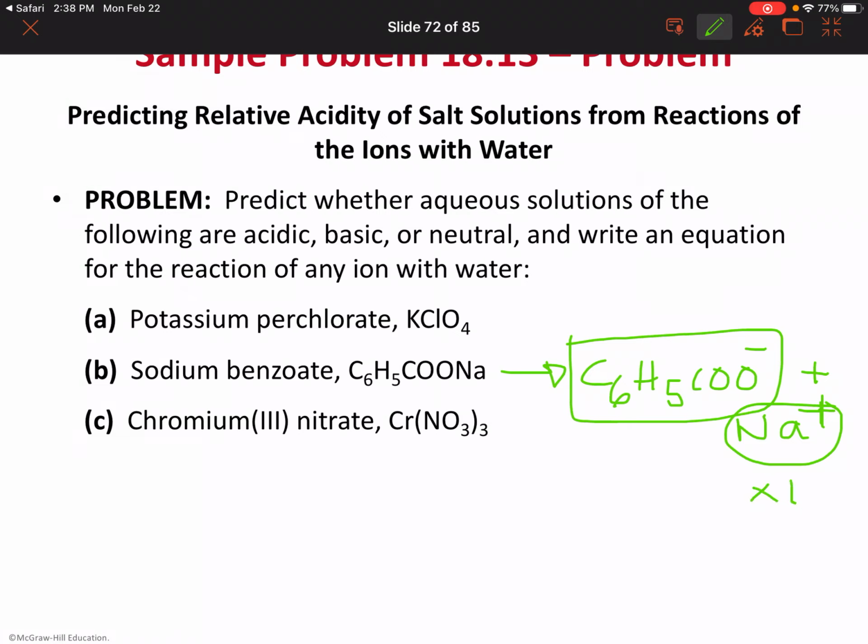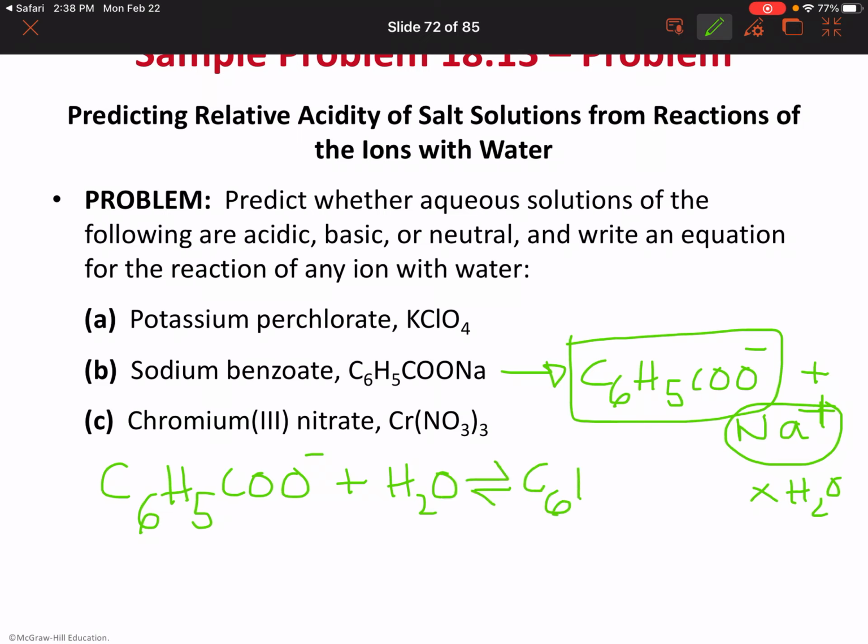Sodium is not going to react with water, whereas benzoate, C6H5COO-, an anion of a weak acid, will react with water to form benzoic acid, C6H5COOH. The water molecule gives a hydrogen to benzoate, and what you are left with is hydroxide ion. It adds hydroxide ions into the water, making it a basic solution. So sodium benzoate solution will be basic.